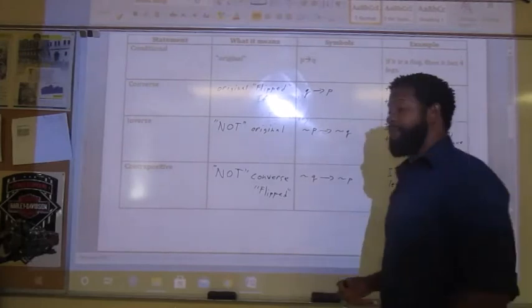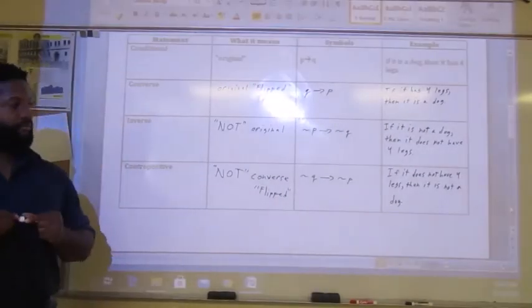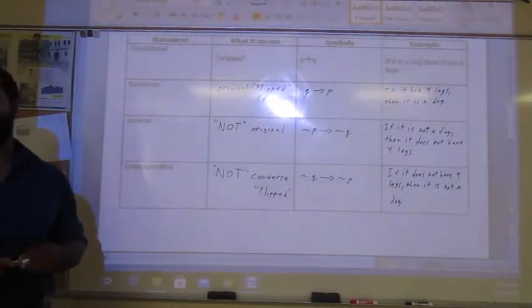Does this make sense? If it doesn't have 4 legs, then it is not a dog.